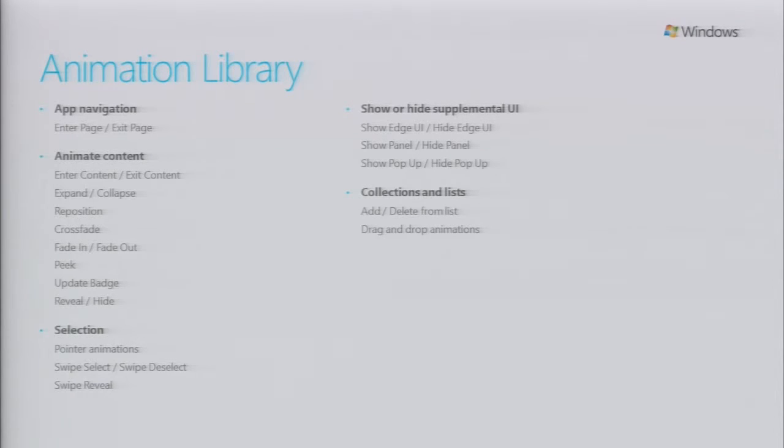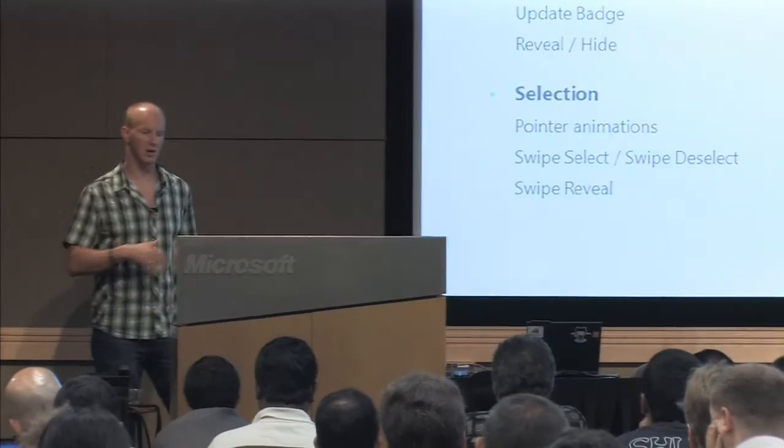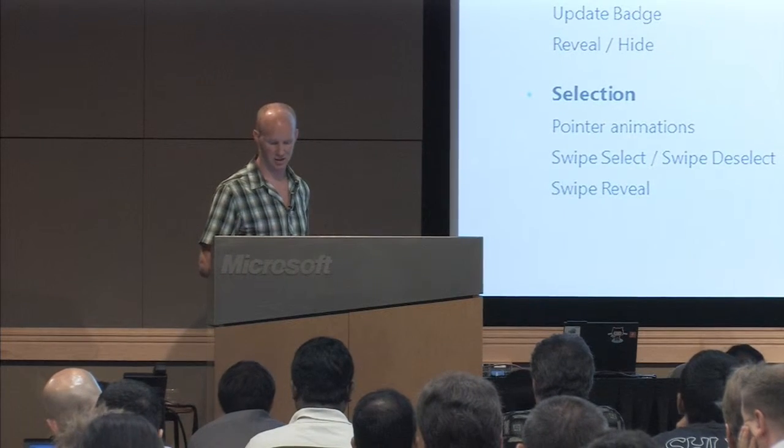So all the built-in controls that you're going to build your Windows 8 app with, they all have these animations built in. If you're building a custom control or building a custom page, you can use the animation library to animate your UI, again, to communicate something to your users, like where the content lives or entrances and exits, fades, and so on.